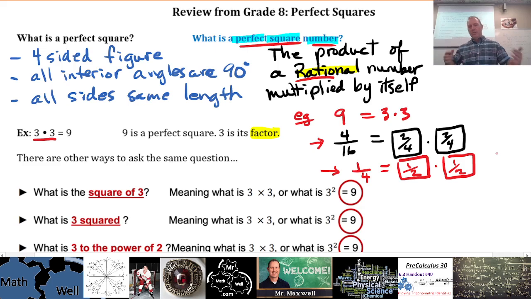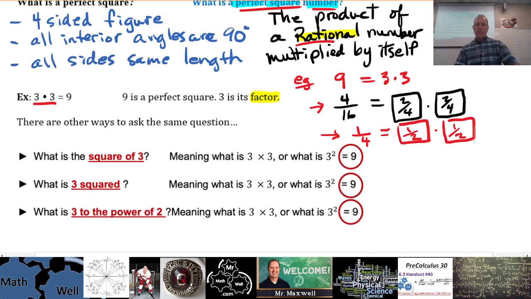Okay. All right, let's just back it up and go over some terms and some meanings. So you have some blanks in your notes there. So what is the square of 3? That's the question. The square of 3. Now when I say that, what I mean is, what is 3 times itself?